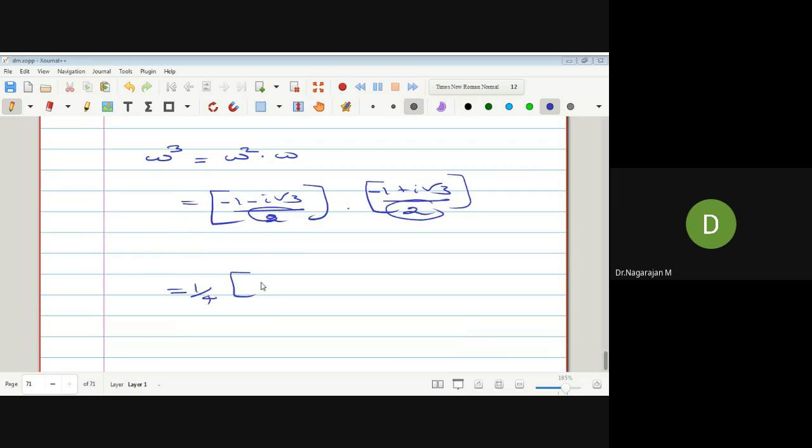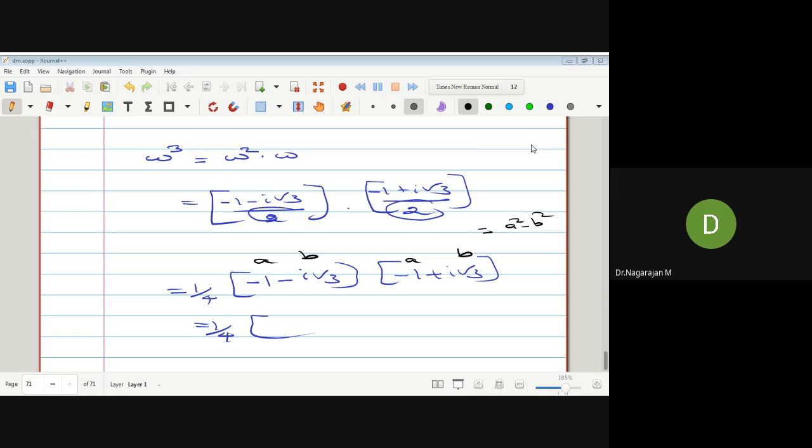Now what is the value? Minus 1 minus I root 3 into minus 1 plus I root 3. Then what is the formula? This is called A and this is called B. Therefore, A minus B into A plus B, that formula is A squared minus B squared.